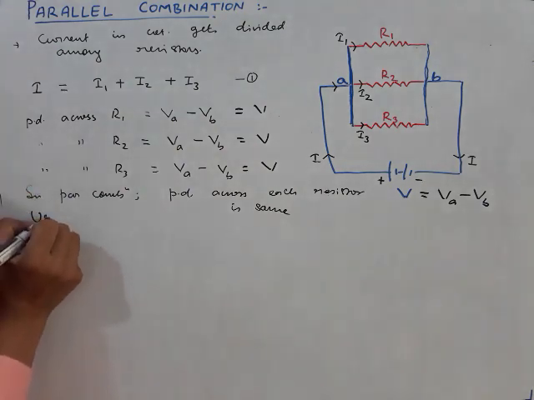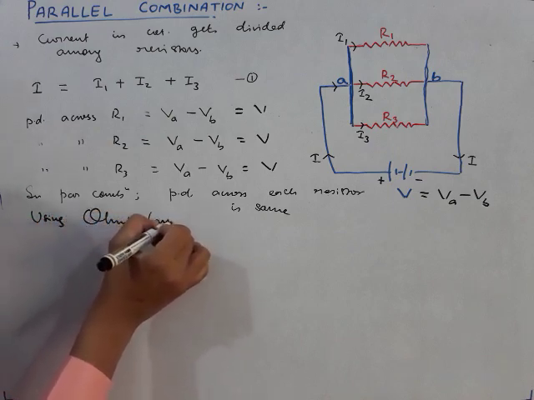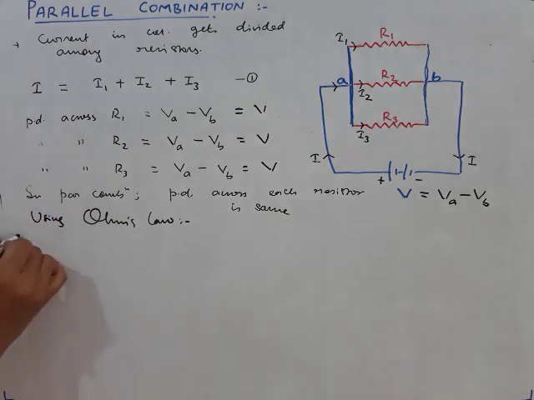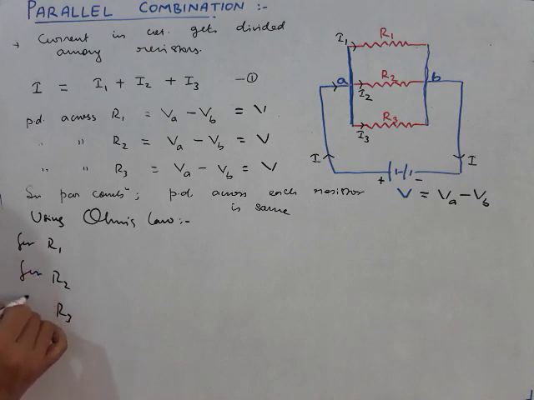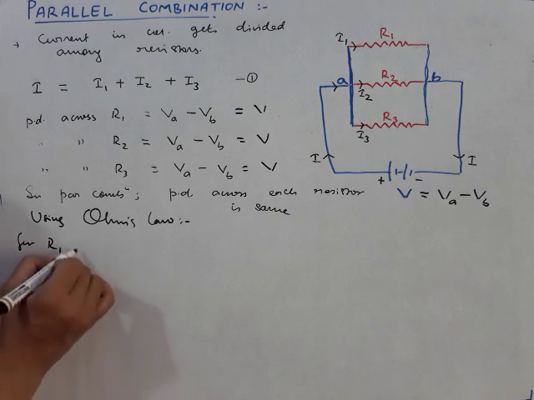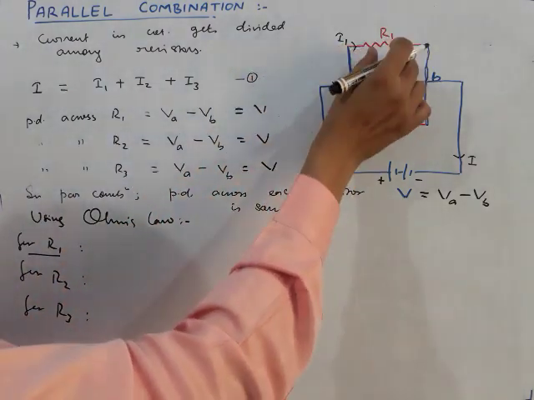Now using Ohm's law, for R1, R2 and R3 we will get some equations. Let's see for R1. For R1, the potential difference is how much?